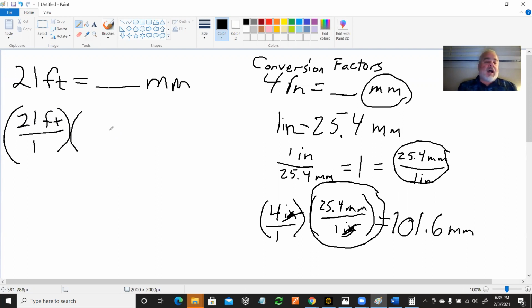Do you know how many inches are in a foot? I hope so. For this class, take notes. You need to know on a test that there are 12 inches in a foot. I could ask you that, or I could give you a problem like this where you need to know it. There's 12 inches in a foot. There's 3 feet in a yard. You might need that.